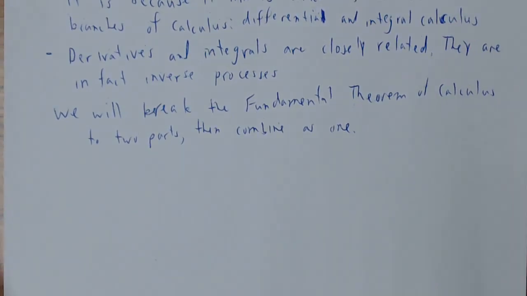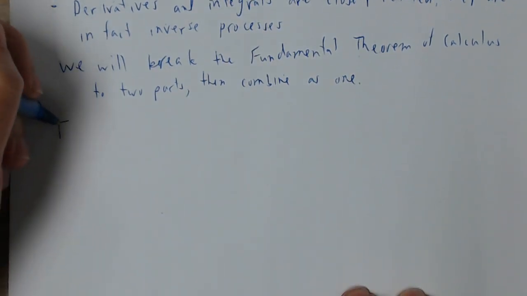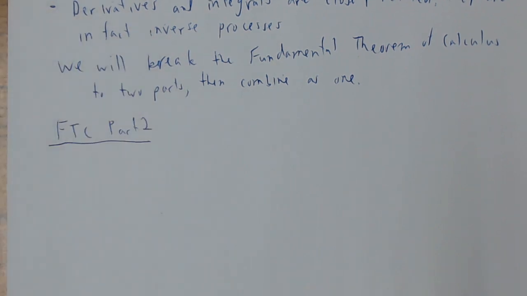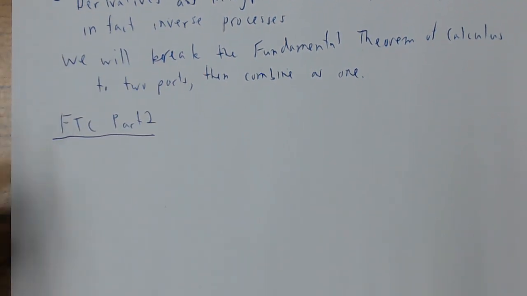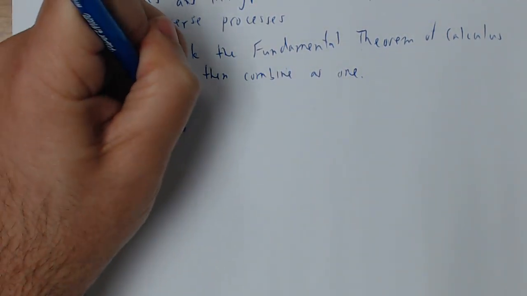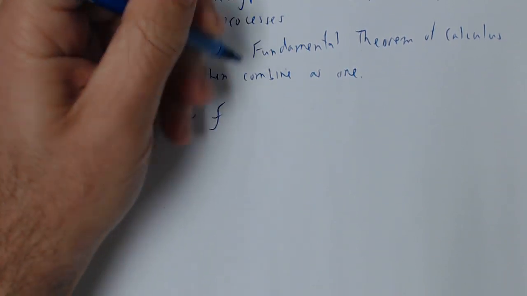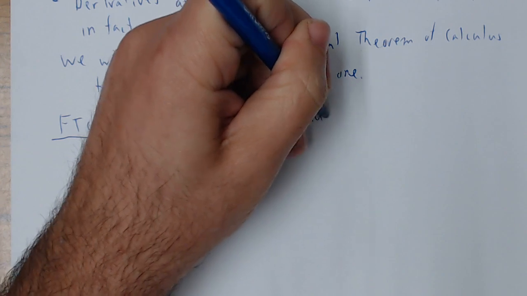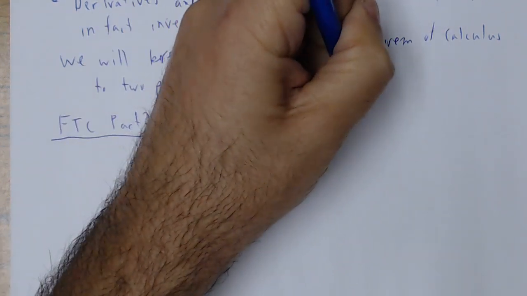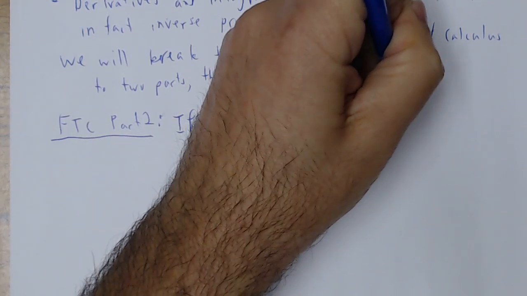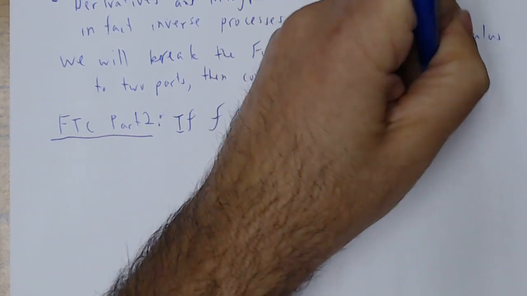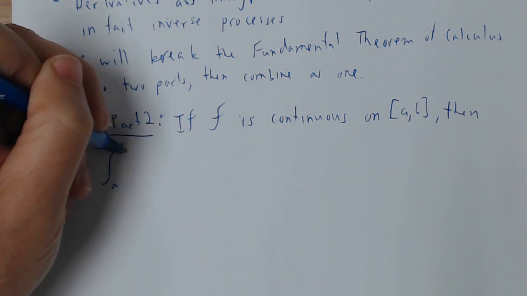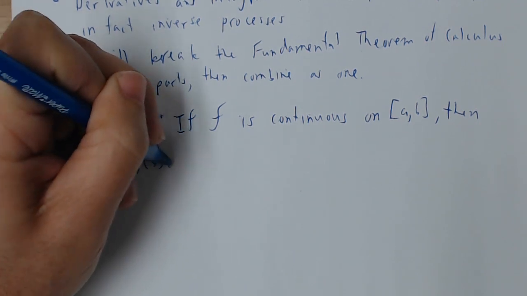So here's what we're going to do. Let's define FTC part two, because for me at least, if I know part two, part one becomes so much easier. So if f is continuous on the closed interval from a to b, then the integral from a to b of f of x dx.